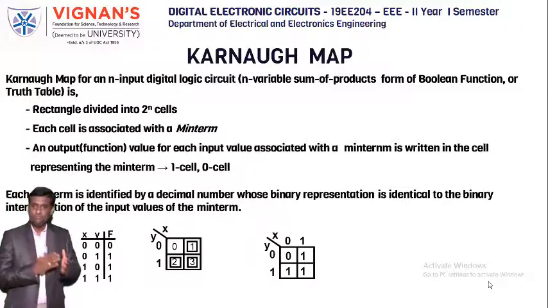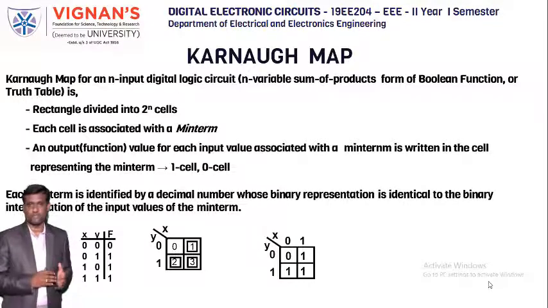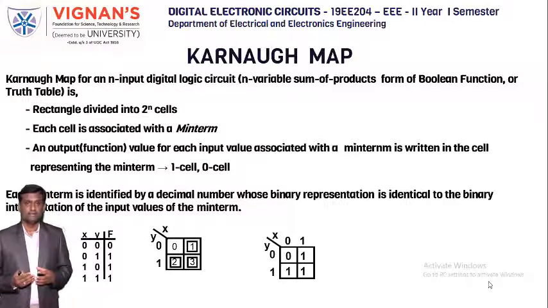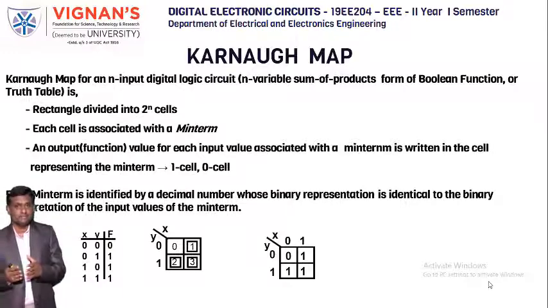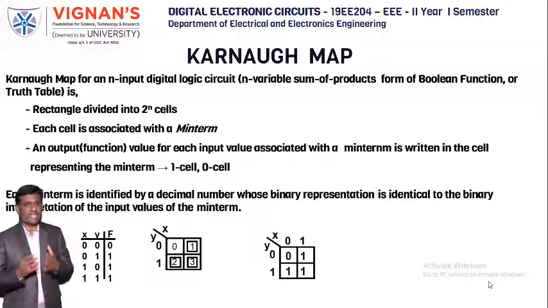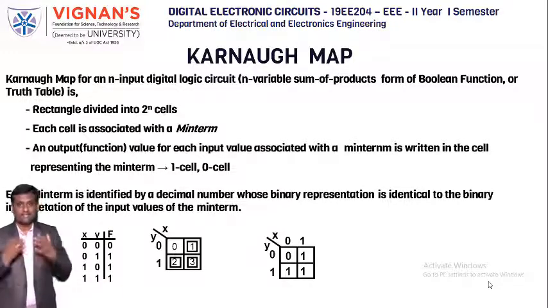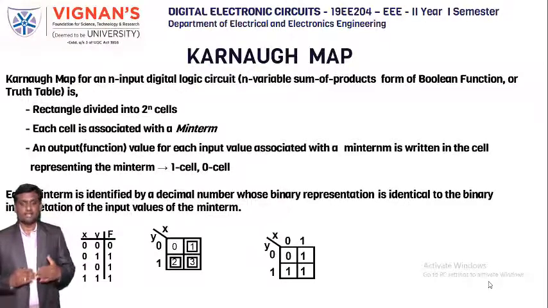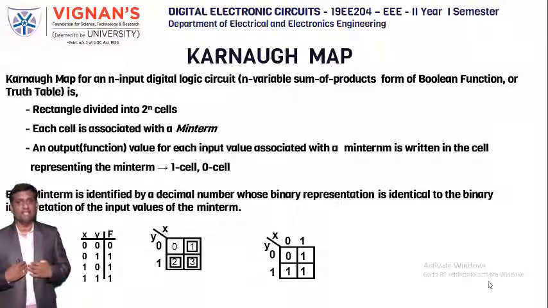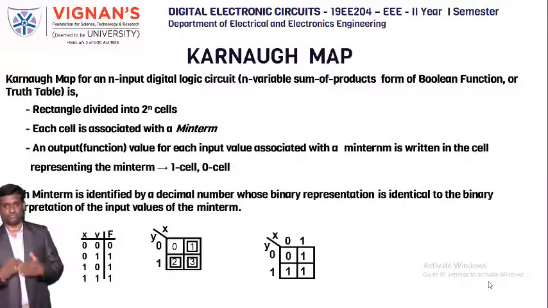Now, in order to simplify the K-map function with the two variable, we need to assign cell values which are taken from the truth table. So in this example, I consider the Boolean function I am going to simplify is in the form of sum of product form, SOP form.